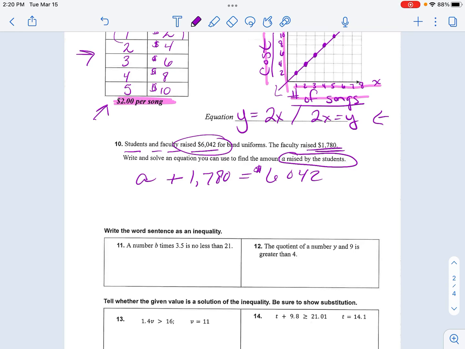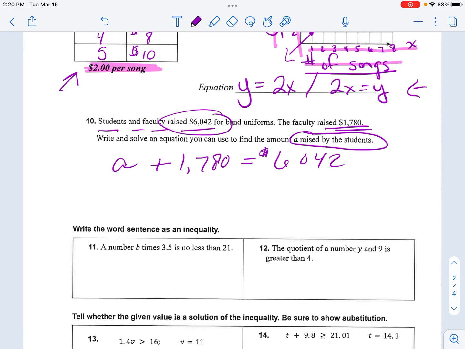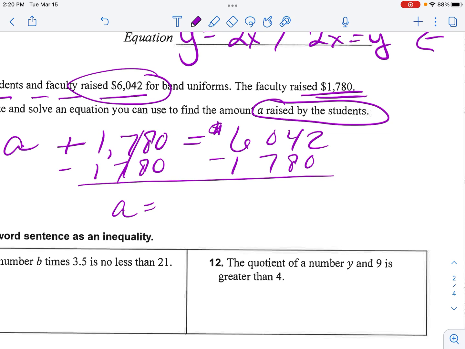Now we are to write and solve. So now we're going to solve to figure out how much the students raised. Instead of adding, we're going to do the inverse operation and subtract 1,780 from both sides.